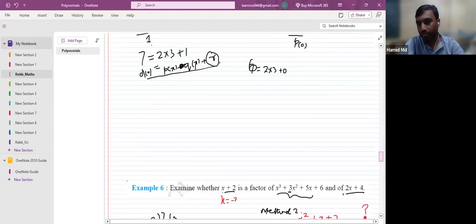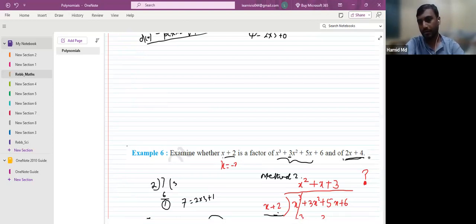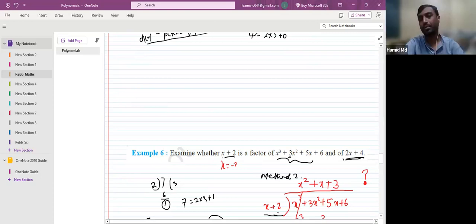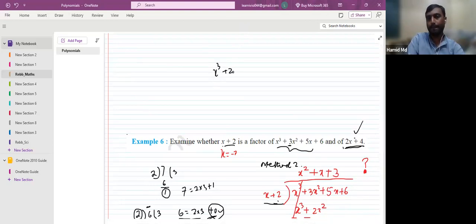Instead of x plus 2, if you do the division with this, then also you will get the same answer, right? You divide it and you will get remainder 0. You do this division with this number. Write it like x cube divided by 2x plus 4.